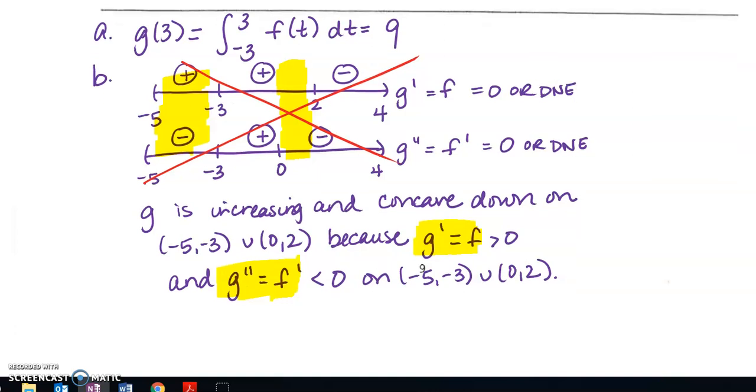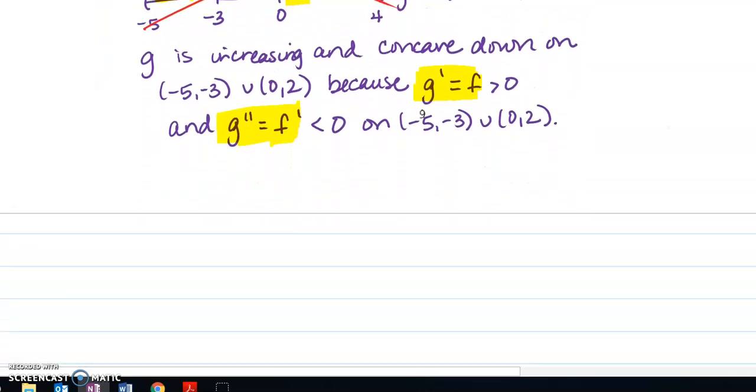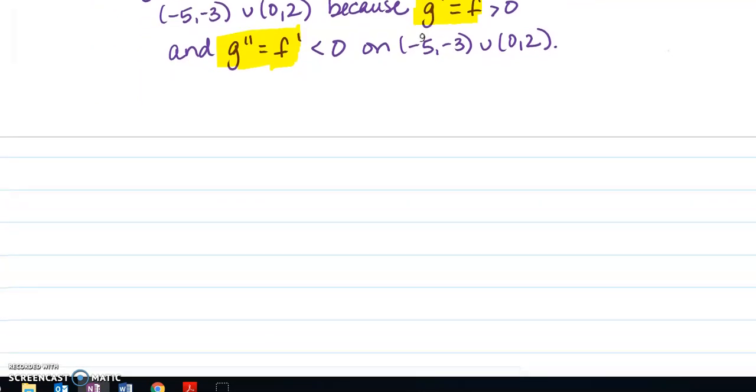Part C. The function h is defined by h equals g over 5x. Find h prime of 3. So we need the derivative of this quotient. So you remember quotient rule.